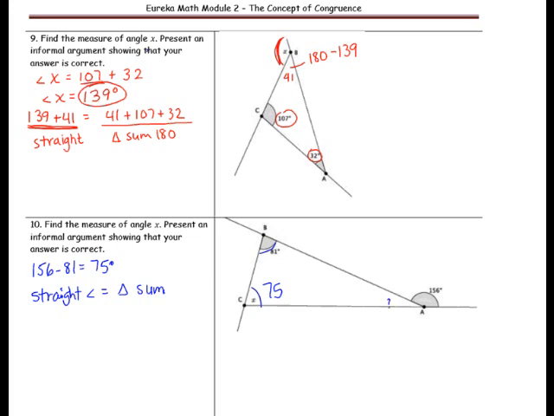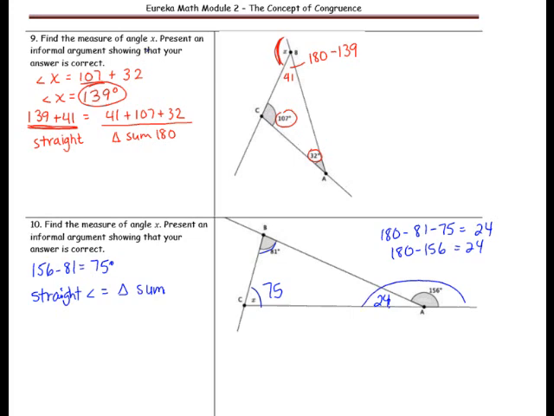Let's go ahead and figure out what that is. 180 degrees, take away 81, take away 75 is equal to the small remaining angle, which is 24 degrees. So we had 180 take away 156 is equal to 24 degrees. So that gives us this angle.